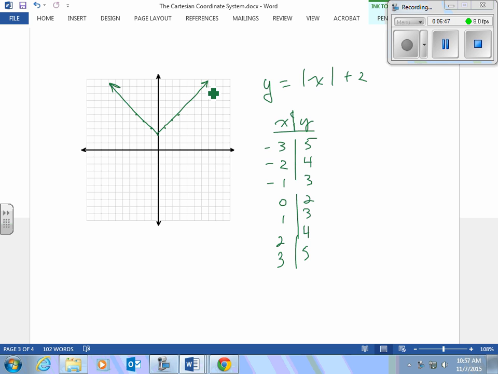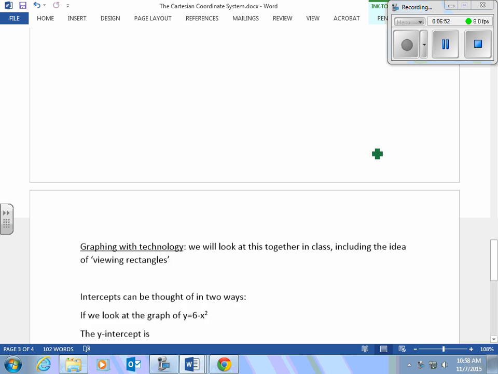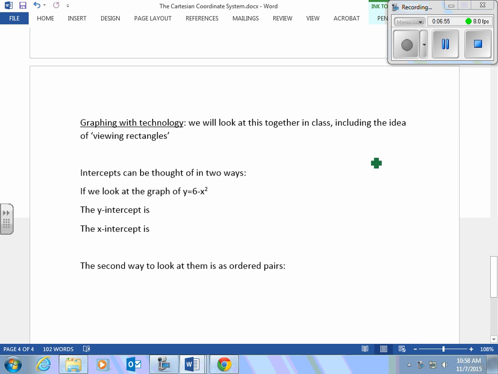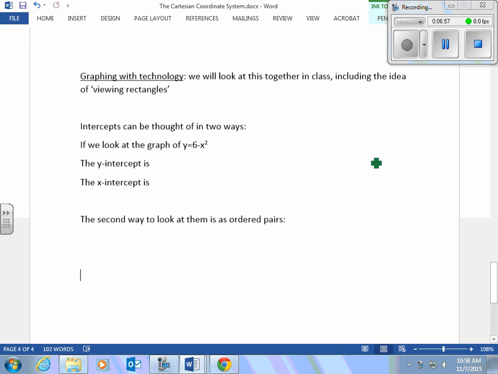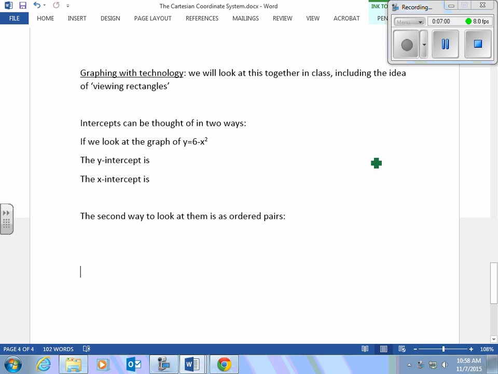We're also going to look at using technology or the graphing calculators to sketch graphs, and we'll do that together in class using the class calculators or your apps for the graphing calculators. We'll also look at what a viewing rectangle is. In the Texas Instruments types of calculators, that's using the window or zoom features so that we can adjust how we see the graphs. We'll practice that together in class.